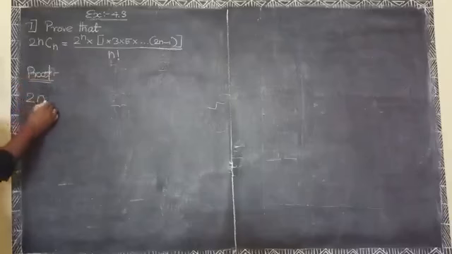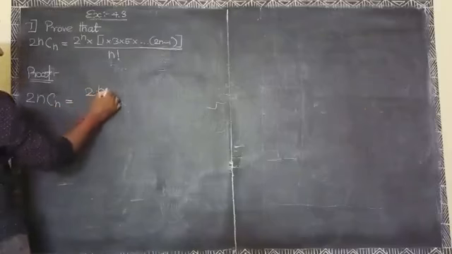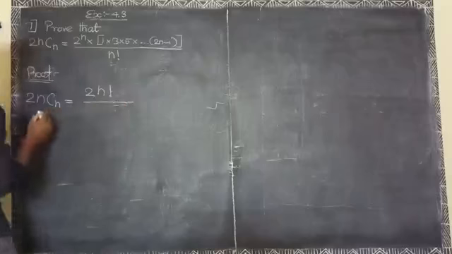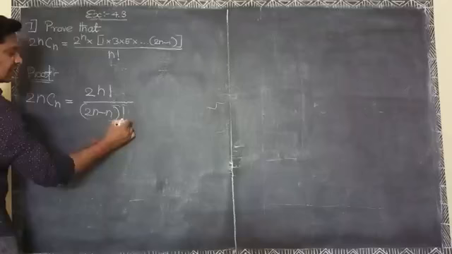On the left-hand side, 2nCn is equal to (2n)! divided by (2n minus n)! into n!.